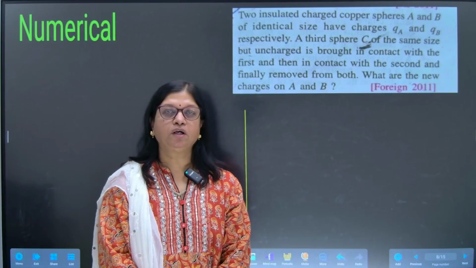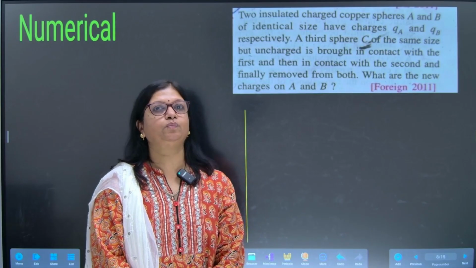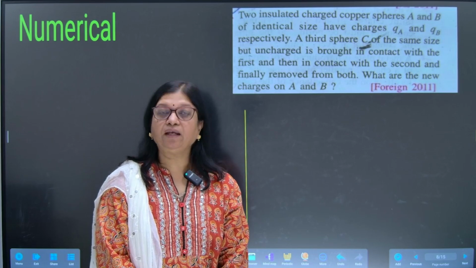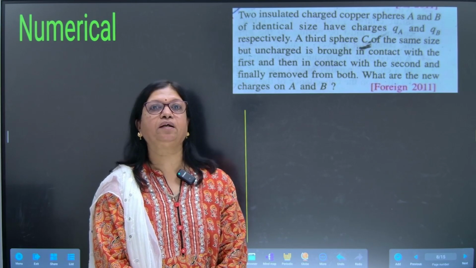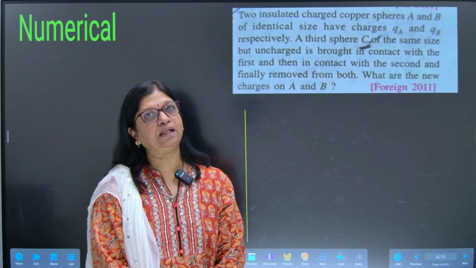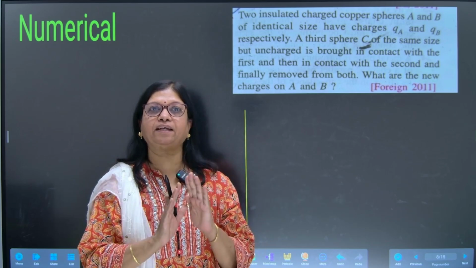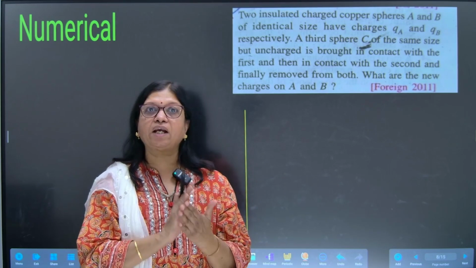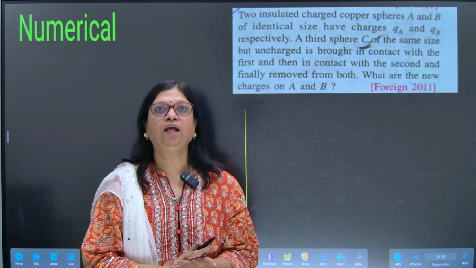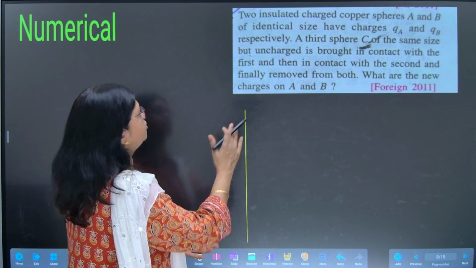Now let us do a few numericals based on Coulomb's law, where we will try to connect theory to the numerical and numerical to the theory, as a complete package of theory and numerical. So try to do that while studying itself. Okay, so let us talk about the numerical shown here.